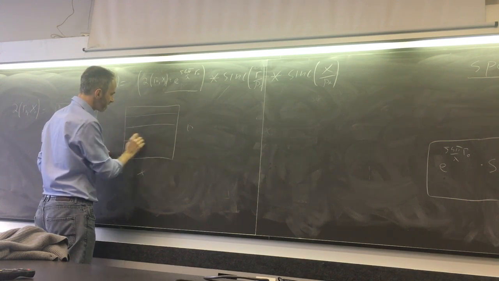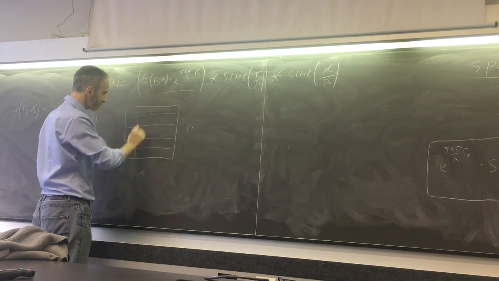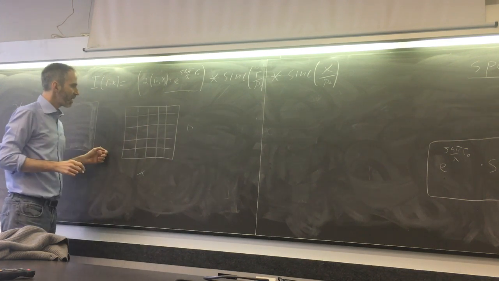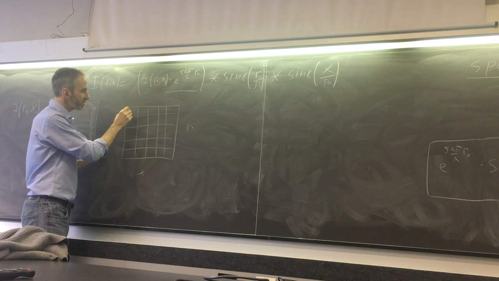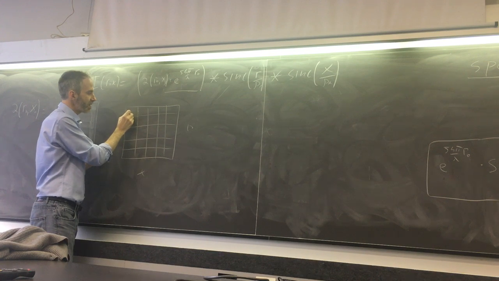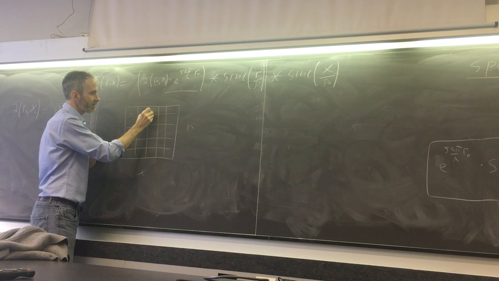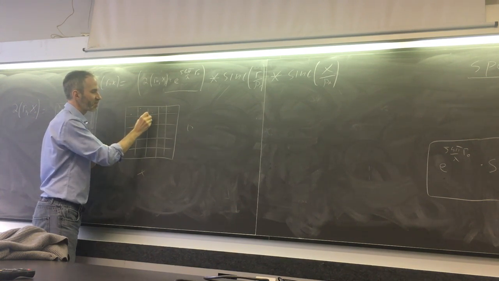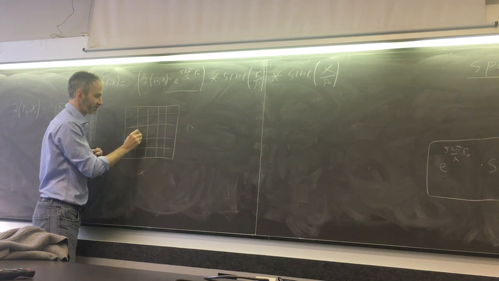So let's say that the target positions are not exactly in the center of your pixels. They can be a bit off. Like this one is here, the other one is there. So there is some randomness in this.